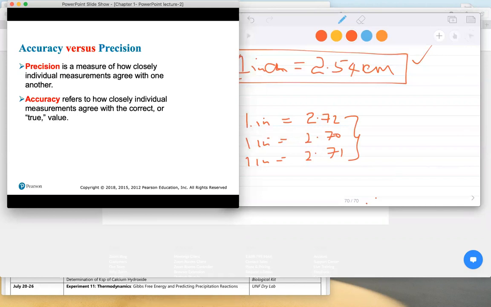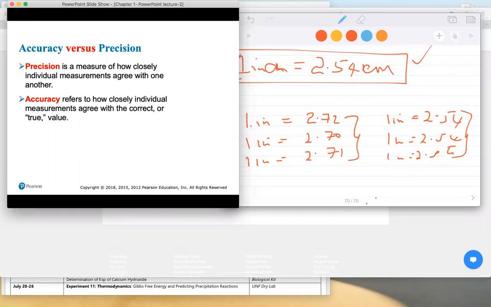So if I do it 3 times, 1 inch equals 2.54, 1 inch equals 2.54, 1 inch equals 2.54, we say that they are accurate. Accuracy refers to how closely individual measurements match the true value, the literature value.